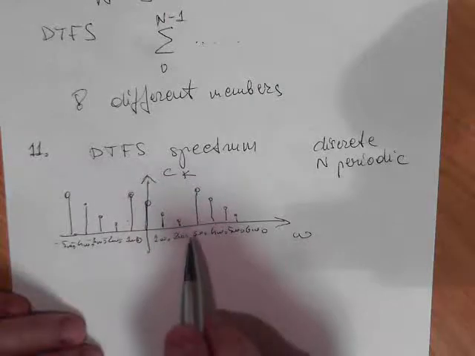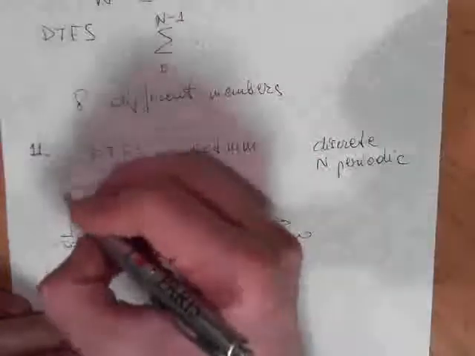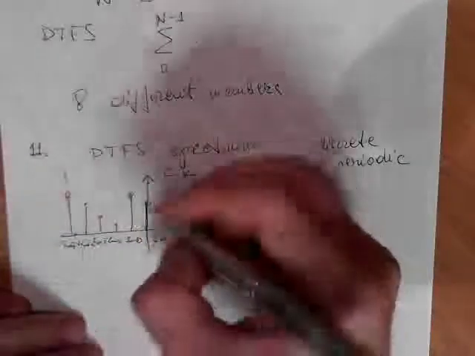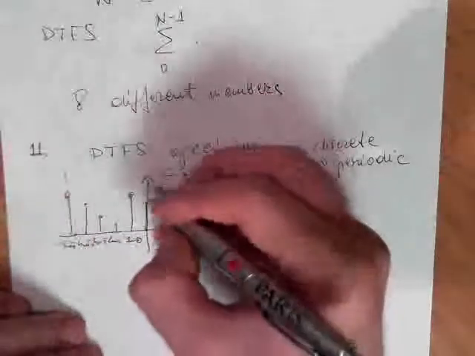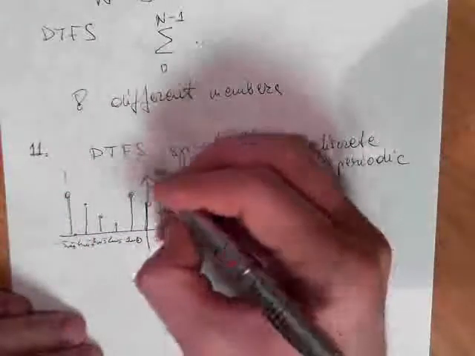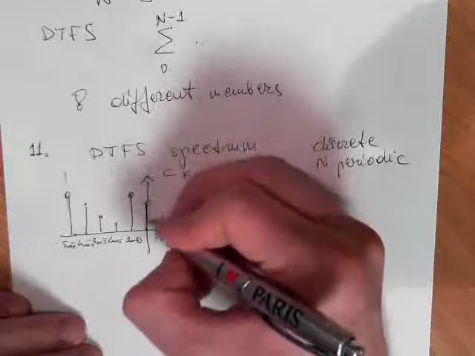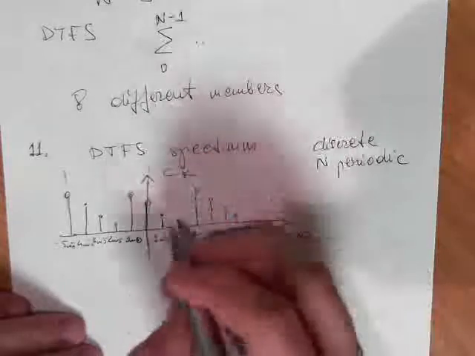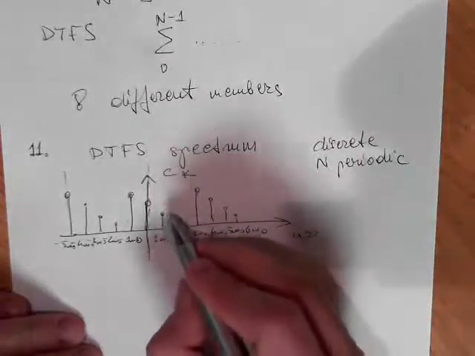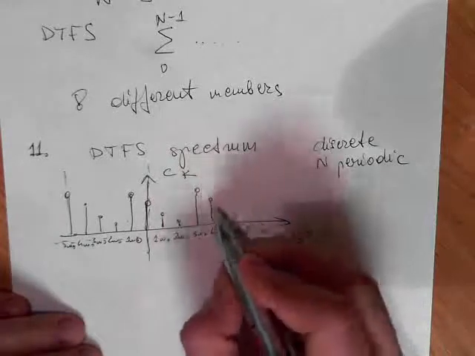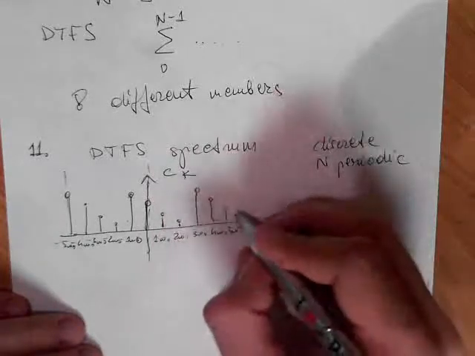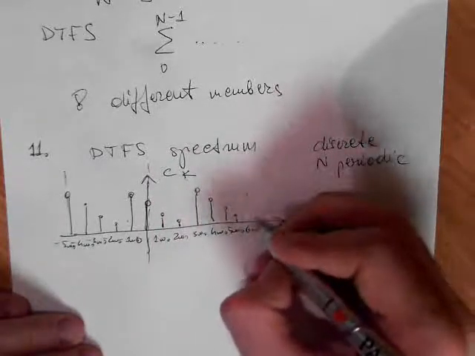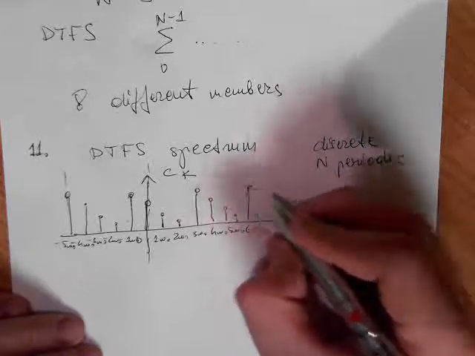You see the signal starting here with some value, then two smaller values, one high value, and again one high value.